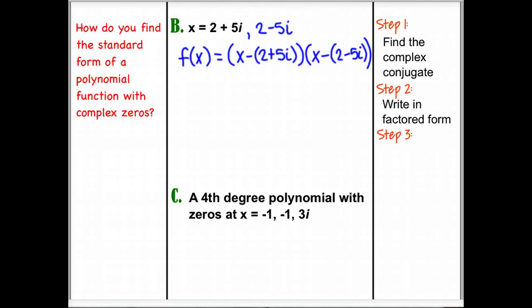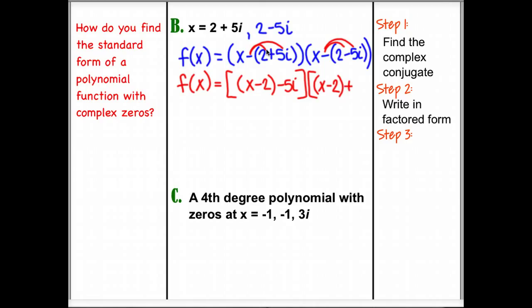All right, so doing this the traditional route, we need to make sure that we distribute this negative in here, which means that I'm going to have f of x is equal to, and I'm going to put these in brackets, x minus 2, which that's real, so I'm going to put that together, minus 5i times x minus 2 plus 5i.